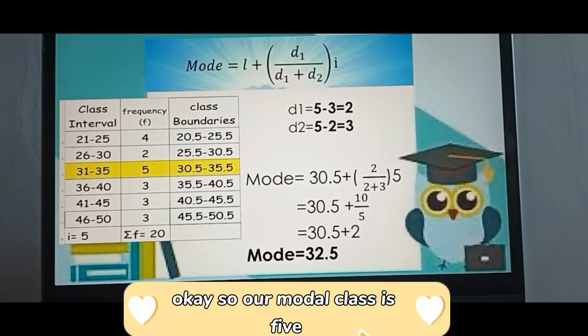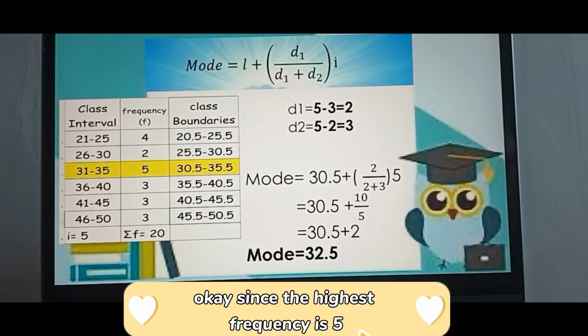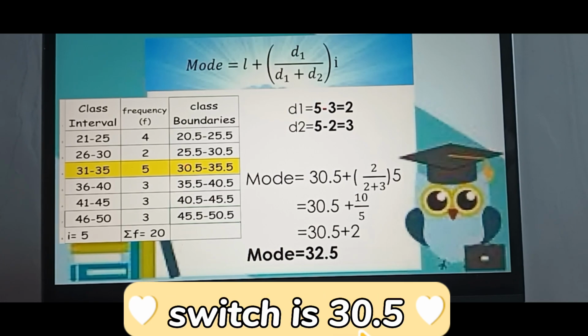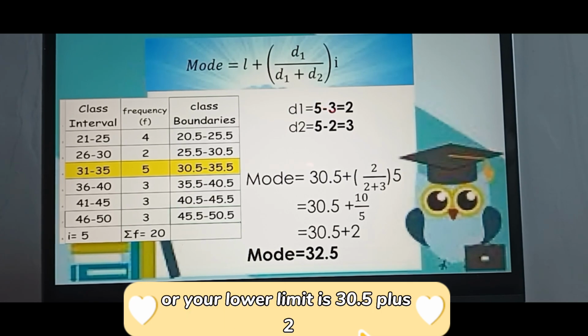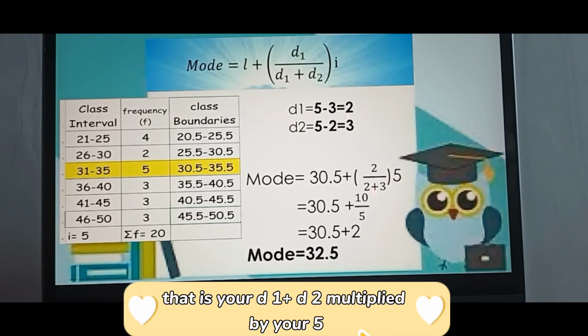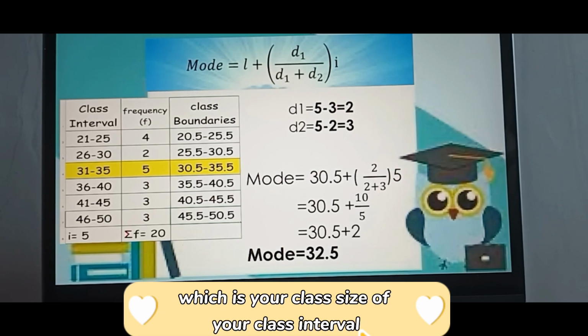Since the highest frequency is 5, our modal class is the one with a lower limit of 30.5. So 30.5 plus 2, which is your D1, divided by 2 plus 3, that is D1 plus D2, multiplied by 5, which is the class size of your class interval.